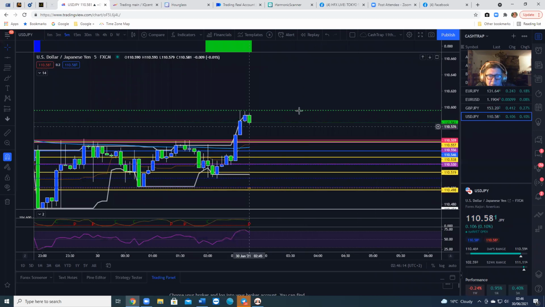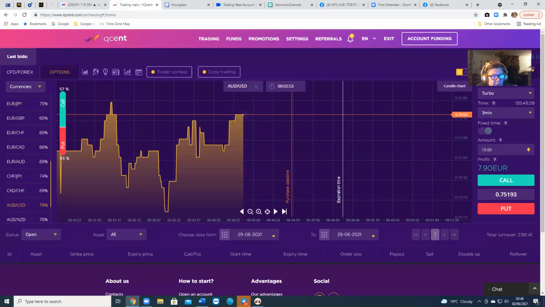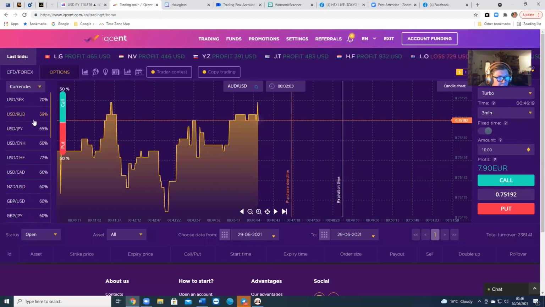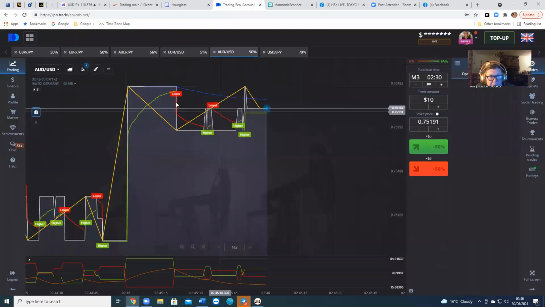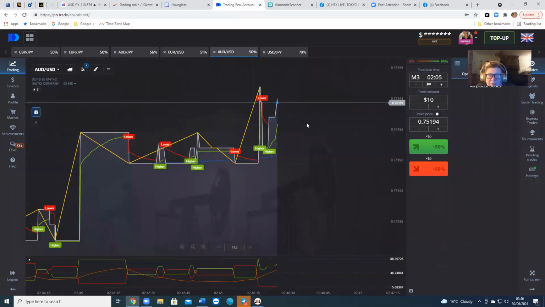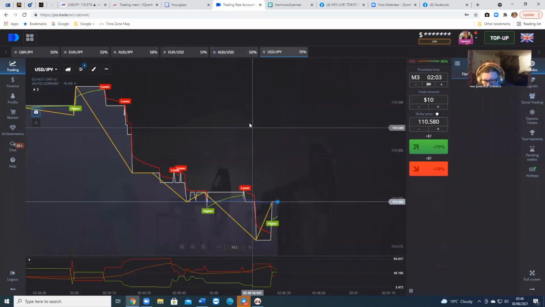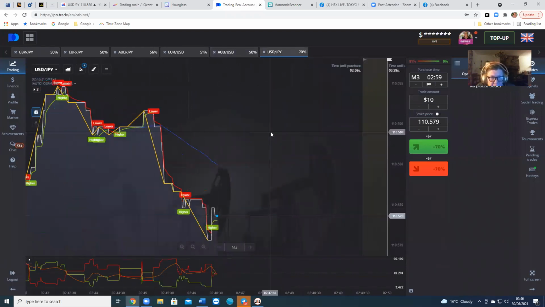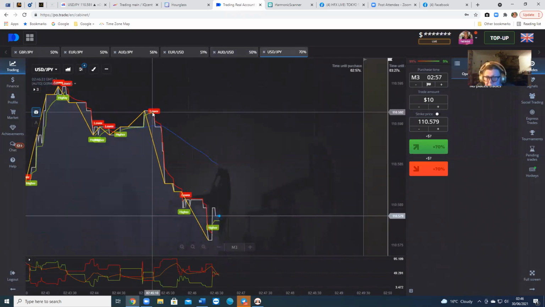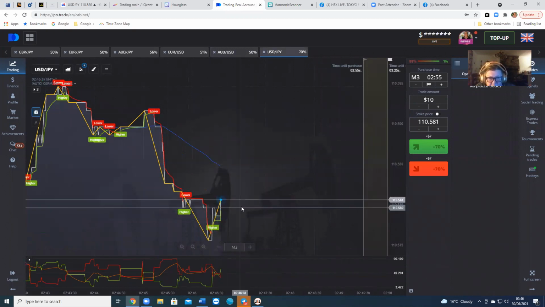It's at 581. So unless it gives us a pullback, I've missed it, but I'm not sure again. 65% on there. USD JPY. It's at 580. It's already dropped.